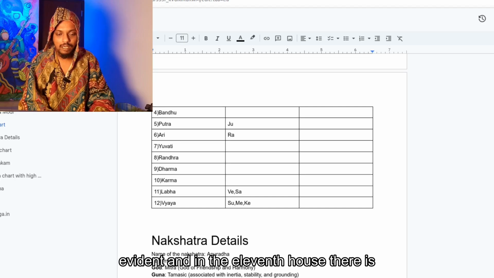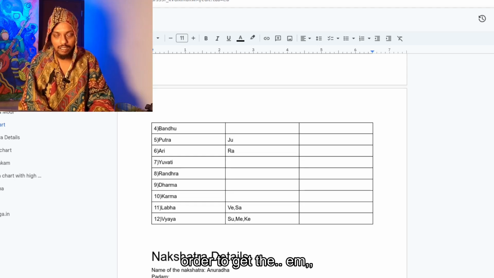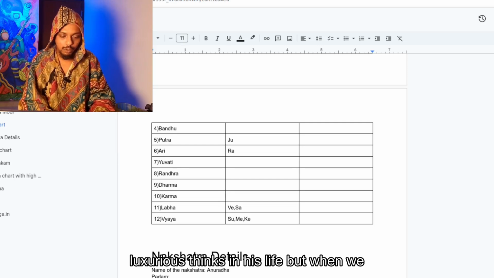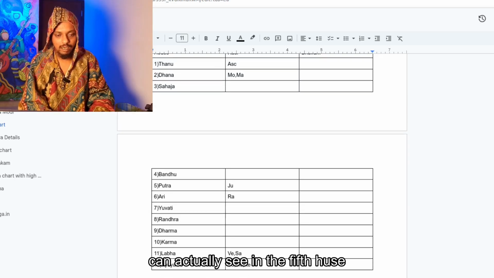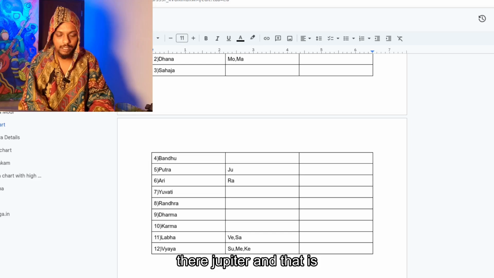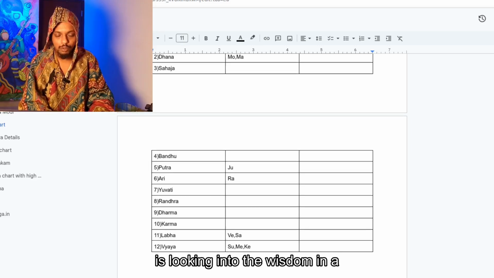And in the 11th house, there is Venus along with Saturn. The 11th house is the house of Labha, and Venus is staying along with Saturn. Because of that, he has to work really hard in order to get the luxurious things in his life. But in the 5th house, there is Jupiter, which is also a Putra Bhava, because he is looking at wisdom in a way.